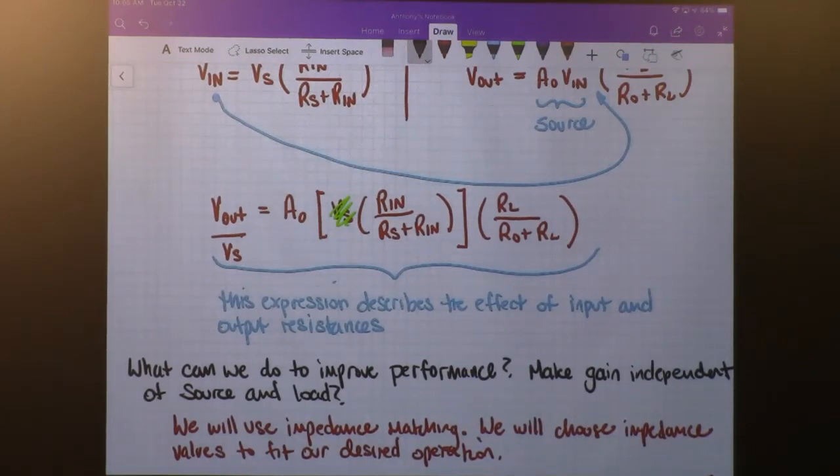in hardware. Who's ever heard the name inverting or non-inverting amplifier configuration before? Sounds familiar? Somewhat? Okay. So what we're going to do is we're going to go through a set of what are called closed loop configurations for op-amps that give us certain characteristics.